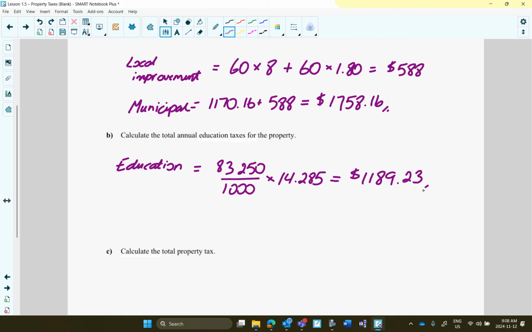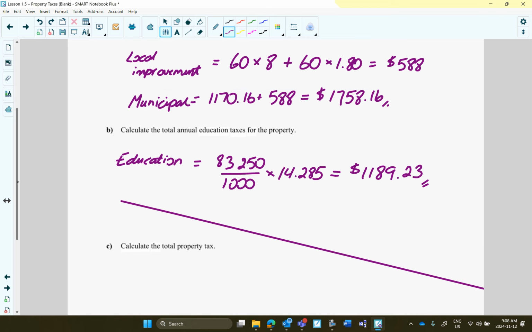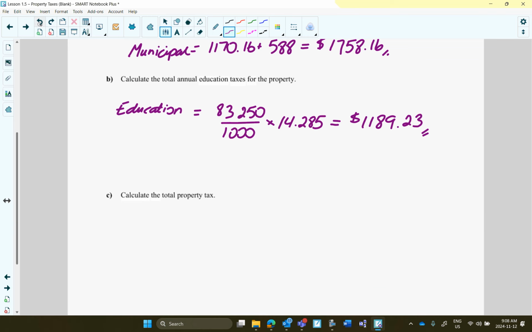And then to find the total property taxes, we just add the amounts from A and B. So that's going to be 1,758.16 plus 1,189.23, which gives us $2,947.39.